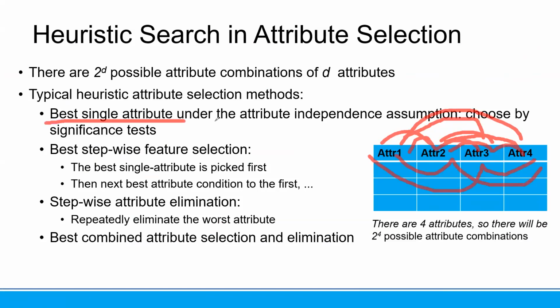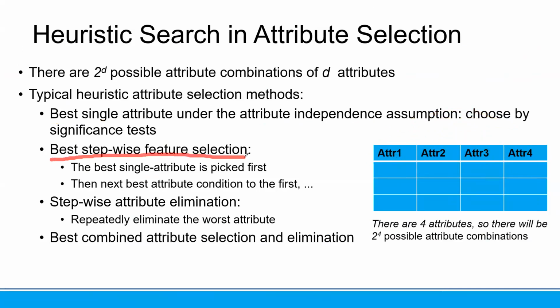We can select the best single attribute under the attribute independence assumption. You can choose by the significance test, or select with a statistical test, for example. So we have 2 ways. Best stepwise feature selection: what is the meaning?